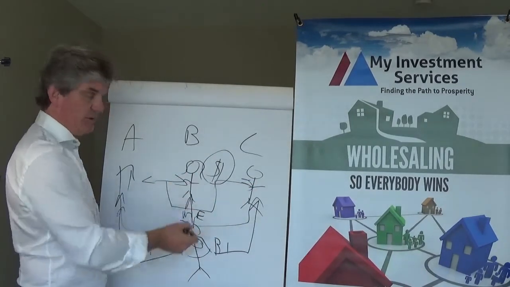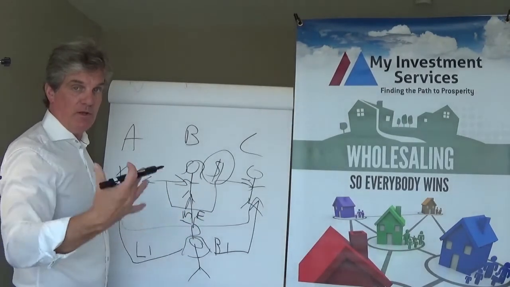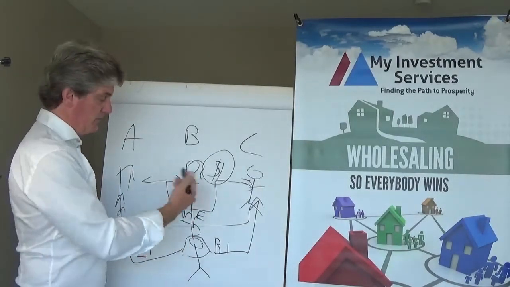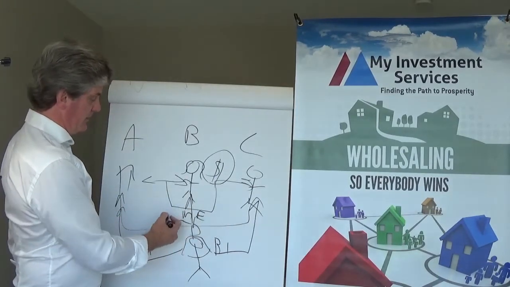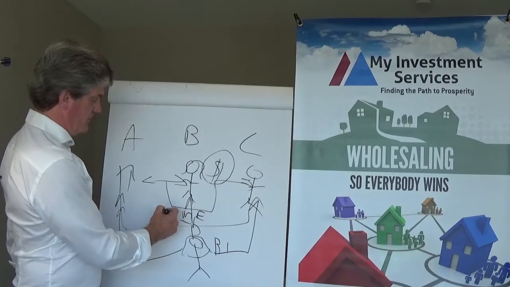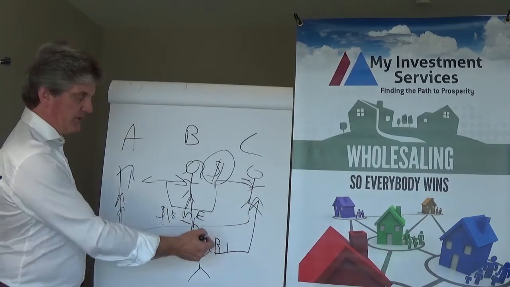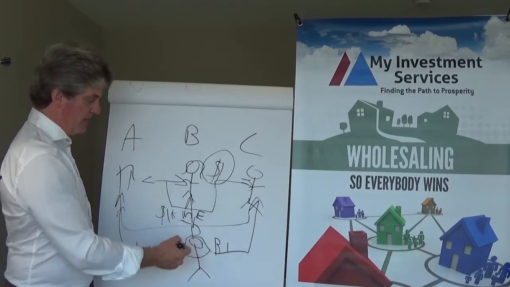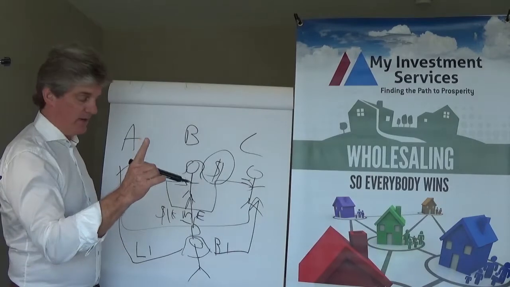You can't charge a commission to the wholesaler because they never actually have ownership of the property. The only way you can collect a commission as an agent is from the owner, anybody who owns the property, okay? But let's say this is only $1,000, right? The reality is this agent just got paid 3 times. A listing commission, a buyer commission, and now a marketing fee per property, by the way.